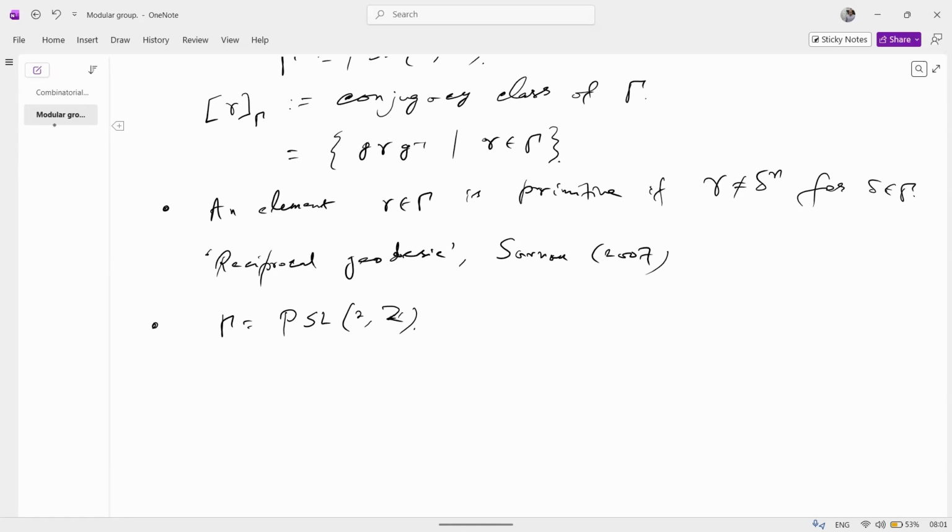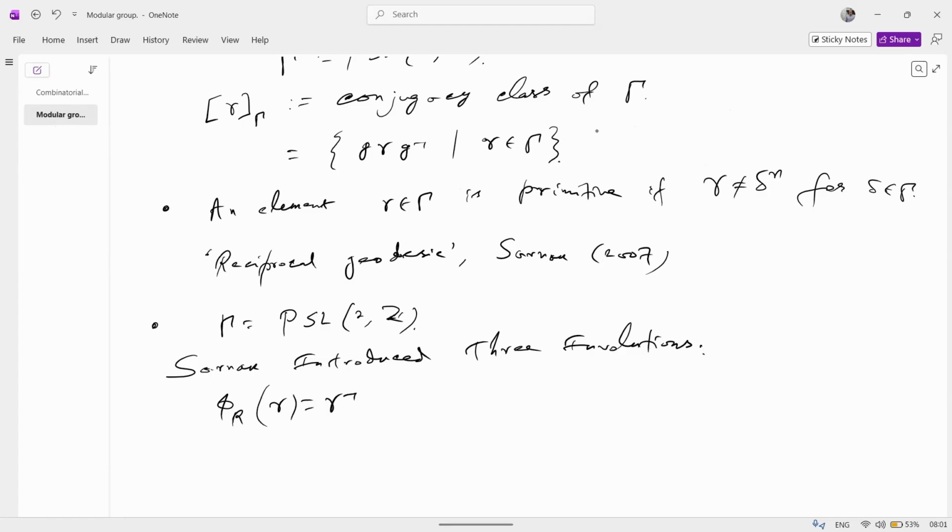Now, in this paper, Sarnak introduced 3 involutions. The first involution we denote by phi of R. The second involution is phi of W. What is W here? W is this matrix of determinant -1.